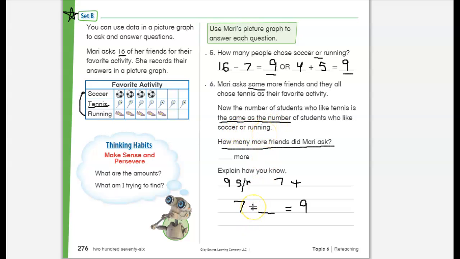So 7 plus what number would give me 9? 7 plus blank equals 9. Seven plus 2 equals 9. So how many more friends did Mary ask? Mary asked 2 more students.